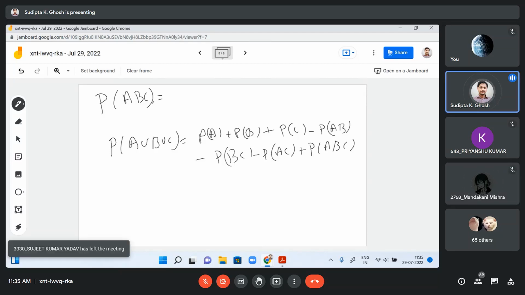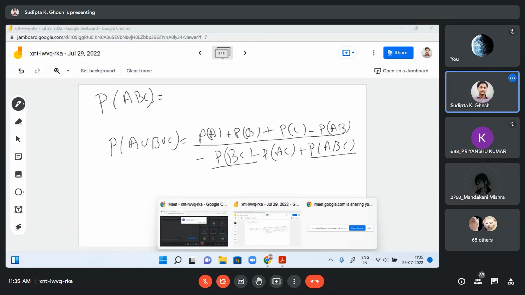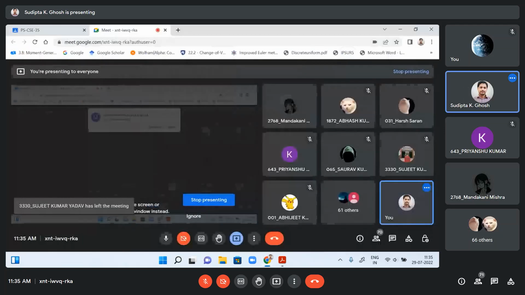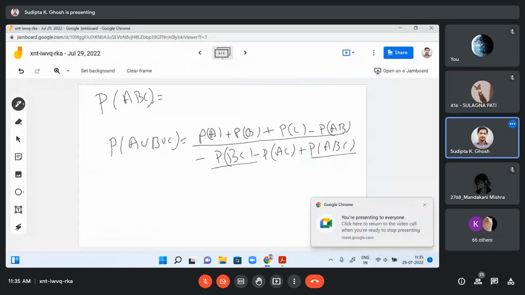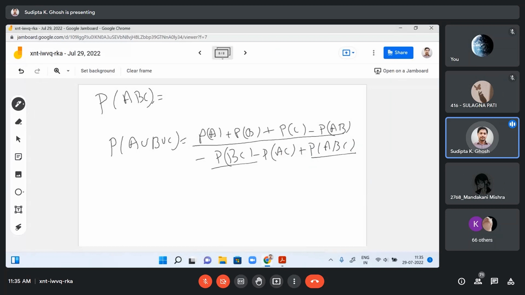So I have to calculate this one, and I can take all these parts to the left side. From this point of view, I can find the value of ABC.